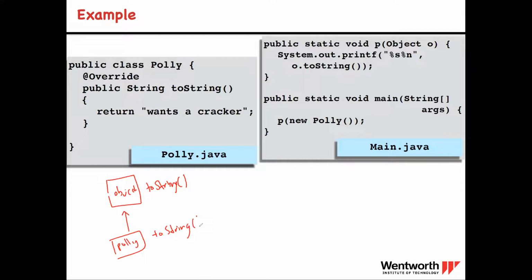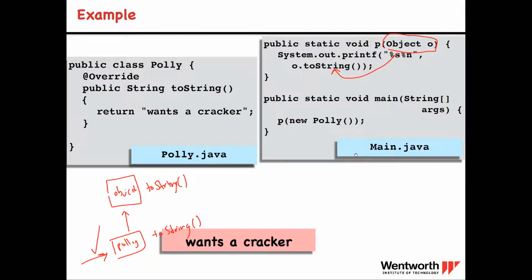So we have two versions of toString. Which one do we use? Well, we know that this is a Poly object that comes in. We're going to print the toString. So we look at Poly first and we say, is there a toString? Yes. And so we'd run Poly's toString. If we ran this, we would see "wants a cracker." It would print this out.